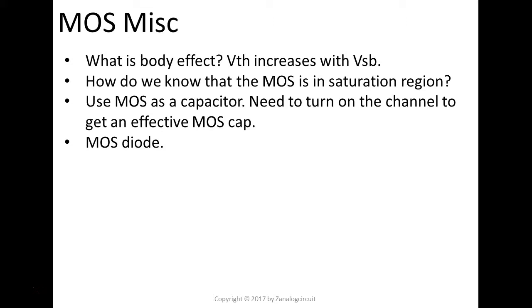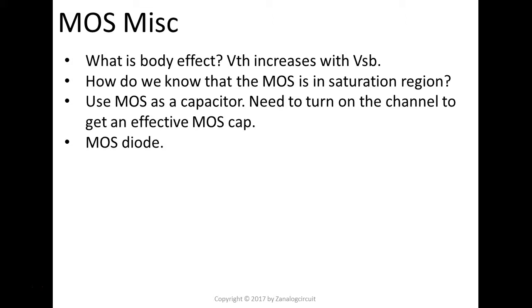So, I often see two types of applications. One is people bias the source voltage slightly higher than the body voltage to increase the MOS threshold, to reduce the leakage.